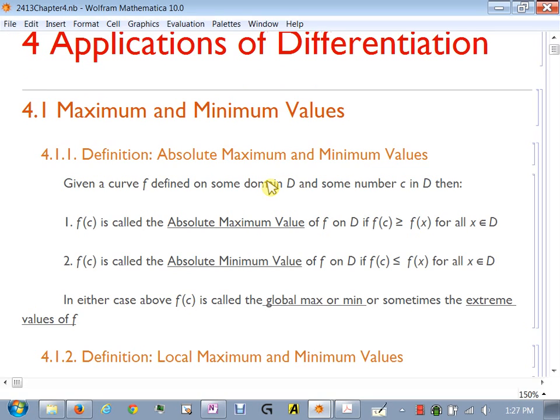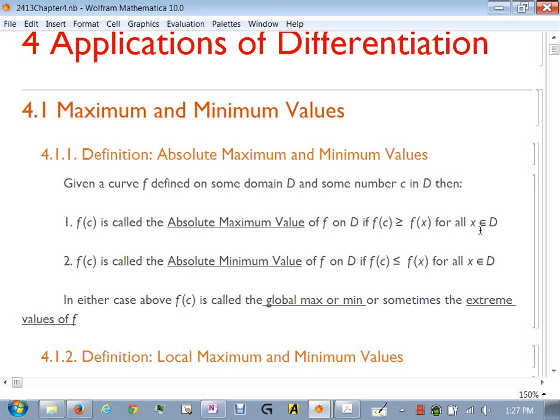We'll get to this thing called the closed interval method. So definition, the absolute maximum and minimum values. If you're given a function, right, it's defined on some domain D, and there's some number C in the domain. So you have maybe the part of the number line or the whole number line, and somewhere on the number line is the value C. F of C, that means the function's value at that point, is called the absolute maximum value of the function f on the domain D if f of c is greater than or equal to f of x for all x in the domain.